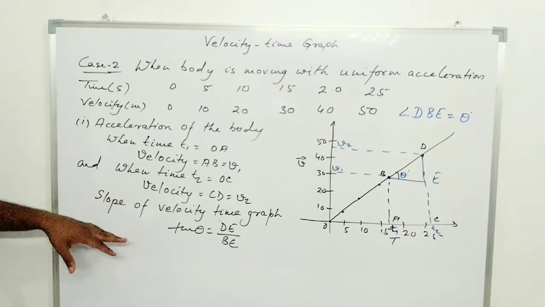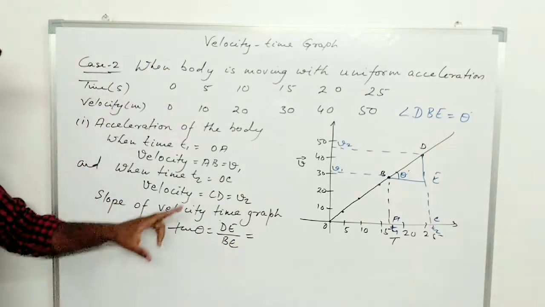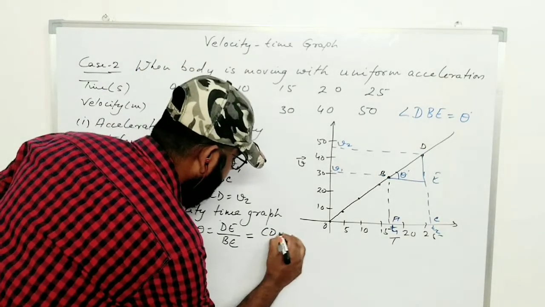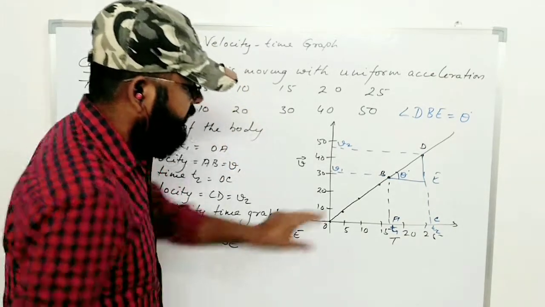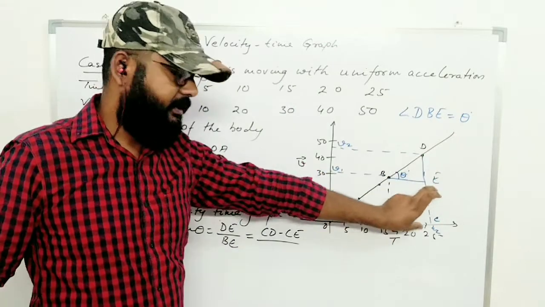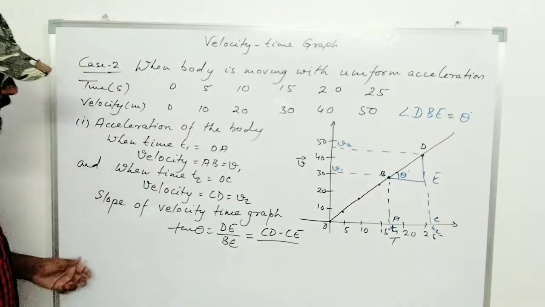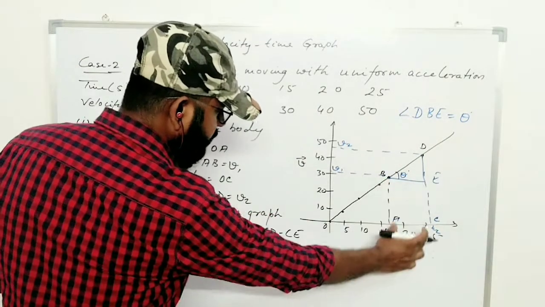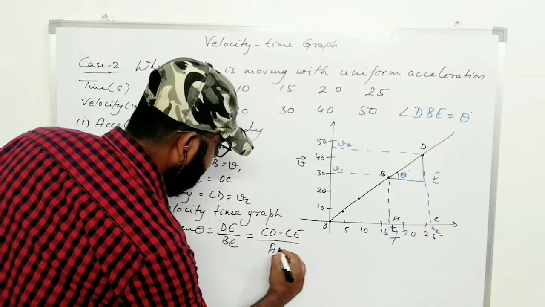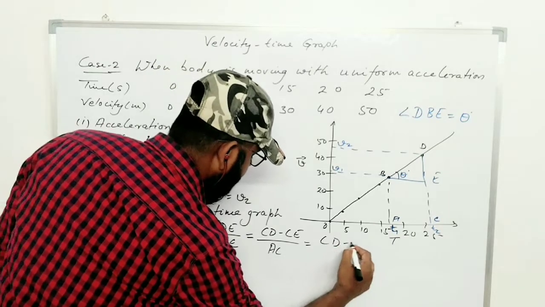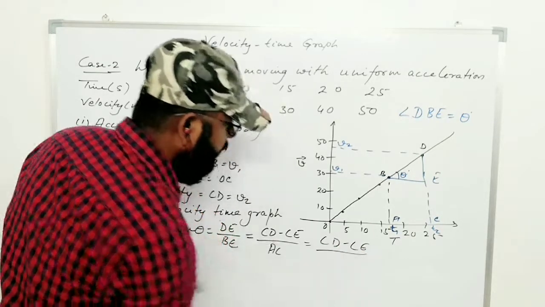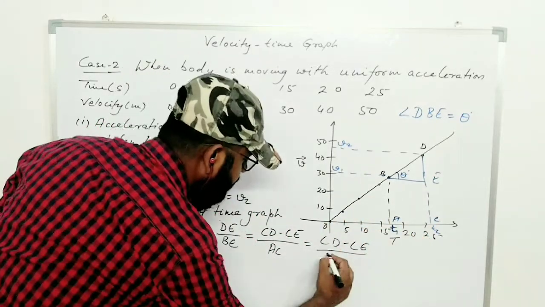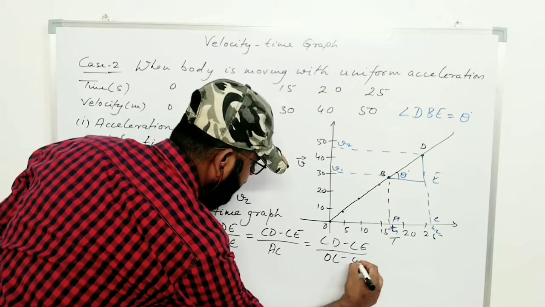Okay, this is slope. Now DE, how will we write DE, that is CD minus CE. Okay. Now BE is equal to AC. So CD minus CE upon AC. This is AC, and this is equal to OC minus OA.